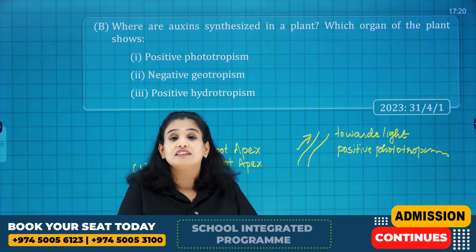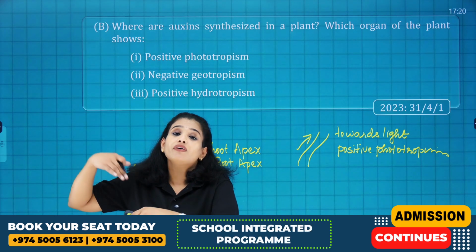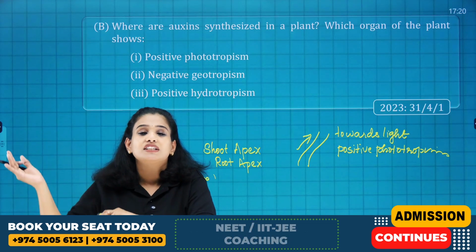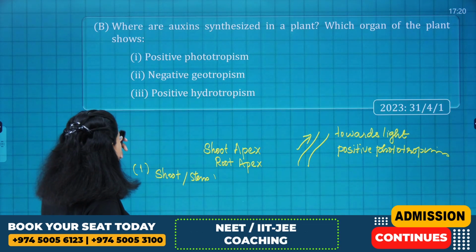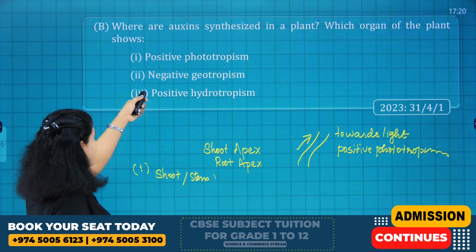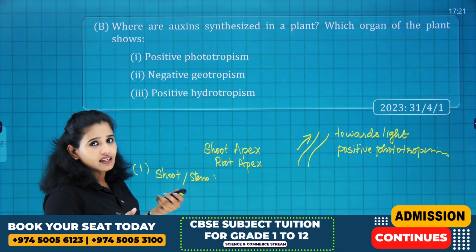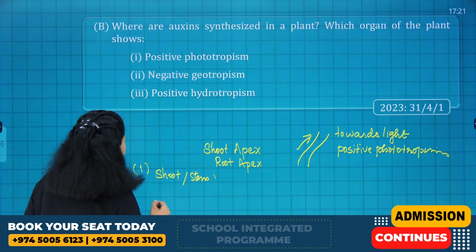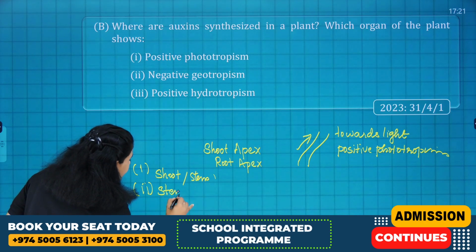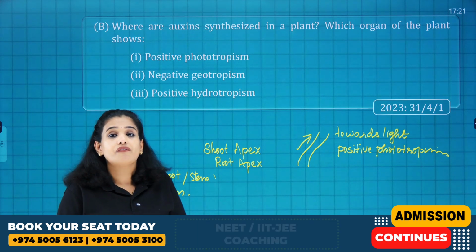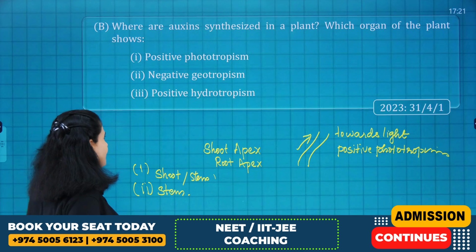And the stem grows away from the earth's gravity, opposite to earth gravity, that is negative geotropism. So which part is showing negative geotropism? Again, you have to write here the stem. The stem is going away from the earth's gravity, so it is negative geotropism.